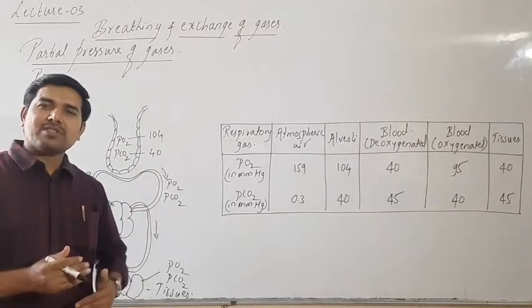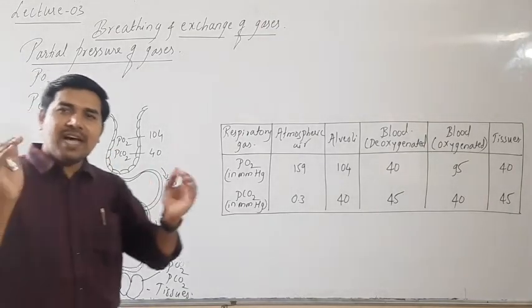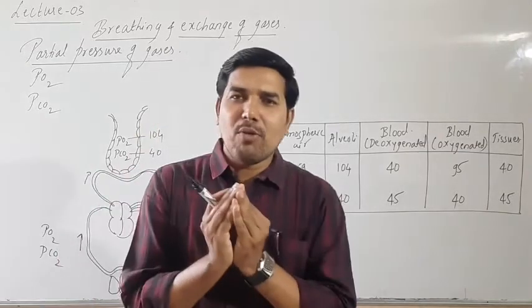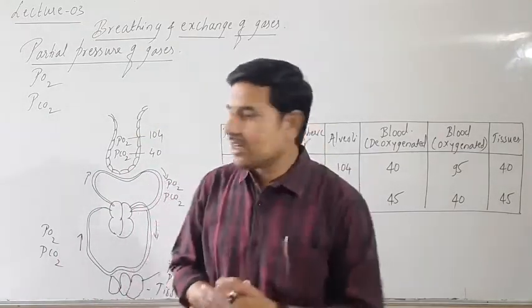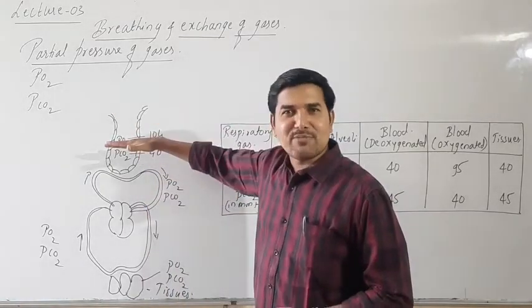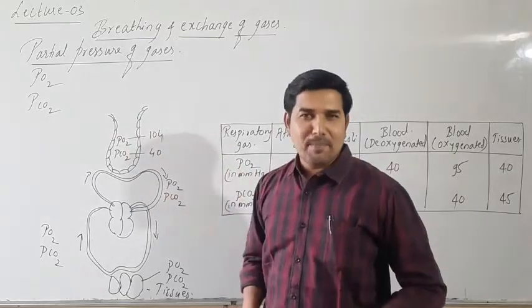That means the concentration of oxygen is more than carbon dioxide. In the alveoli, as these are present as a mixture of gases, we call it partial pressure. That means the pressure exerted by an individual gas in a mixture of gases is said to be partial pressure.